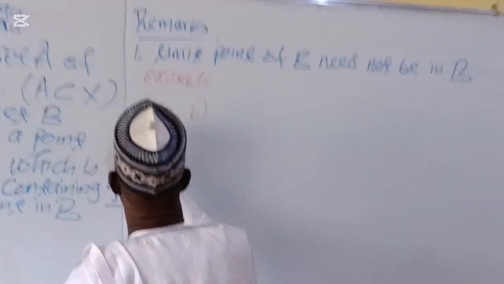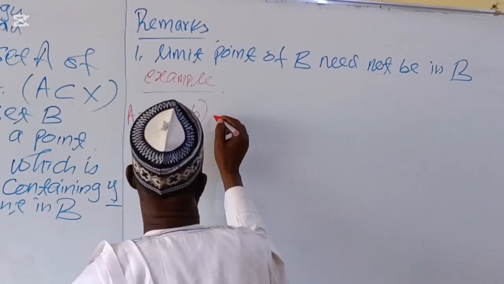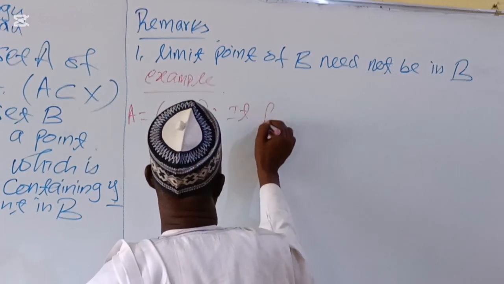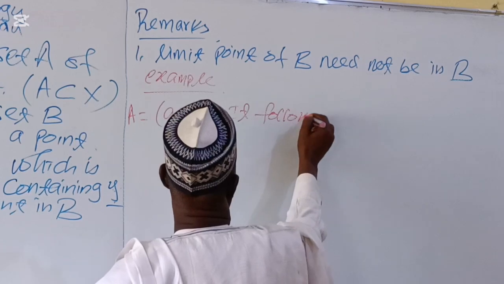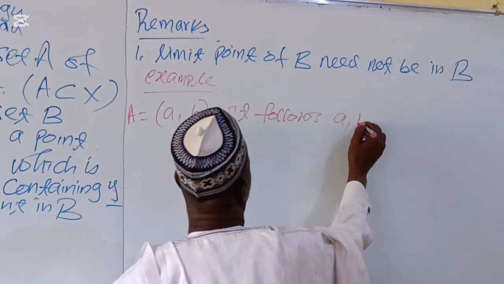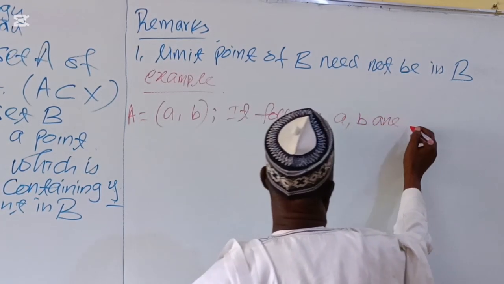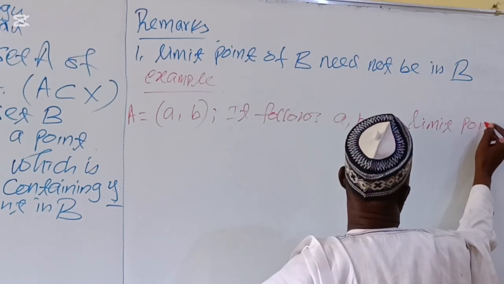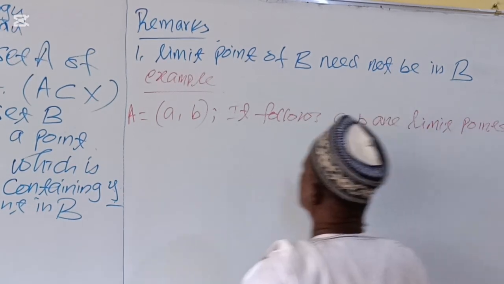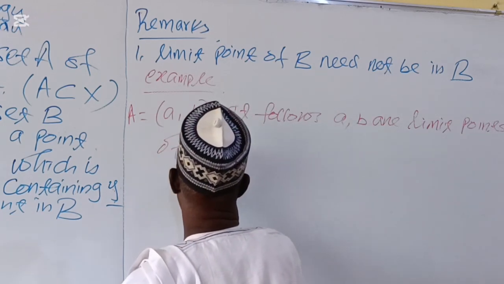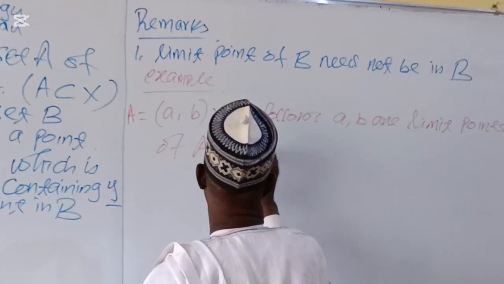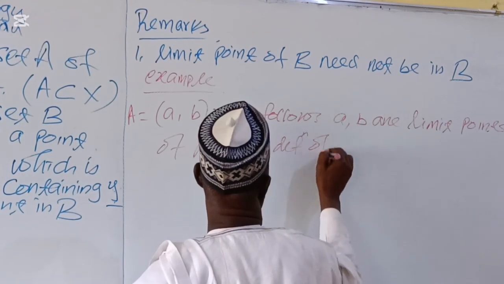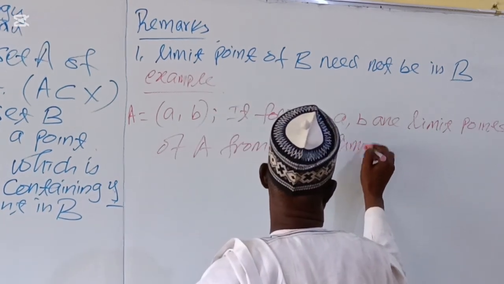So it follows A and B are limit points of it from the definition of limit points.